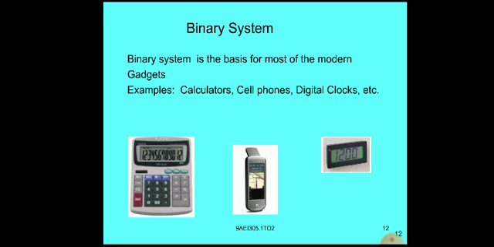We have already discussed that the binary number system is mostly used in digital systems. Every digital system, that is computer, calculator, cell phones, digital clocks and everything, uses and processes only binary information, that is the binary language. So this is the important system, the binary number system.